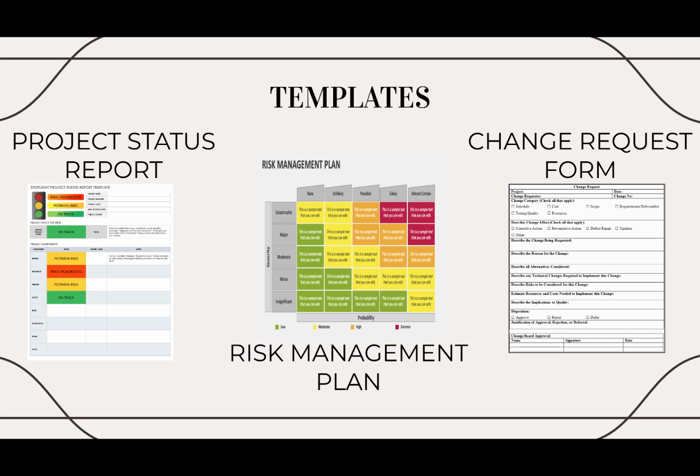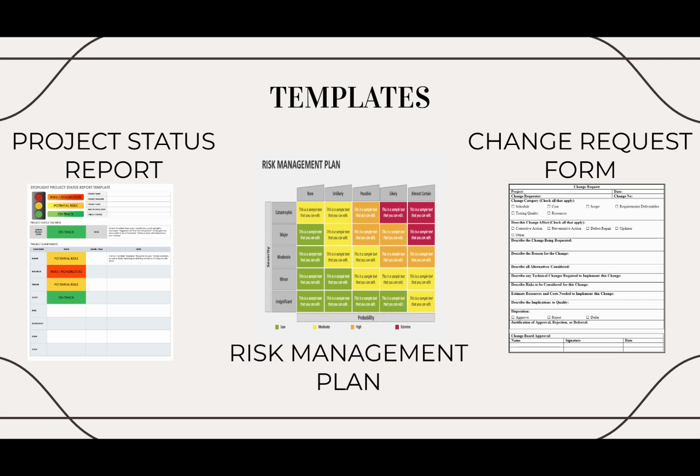And then we have the change request form template. It is used to document and manage changes to the project scope, schedule, or budget. It includes sections for change description, reasons for change, impact analysis, approval status, and implementation plan. This form ensures that all changes are thoroughly evaluated and approved before implementation, maintaining project integrity and minimizing negative impacts.